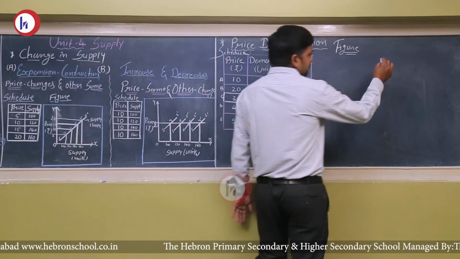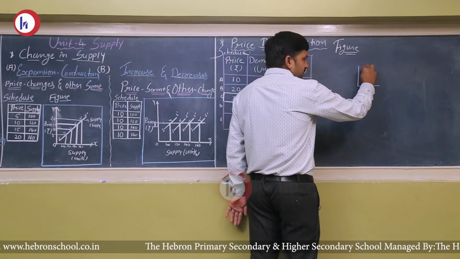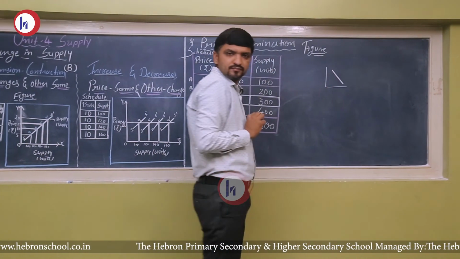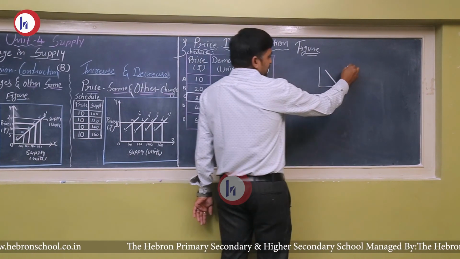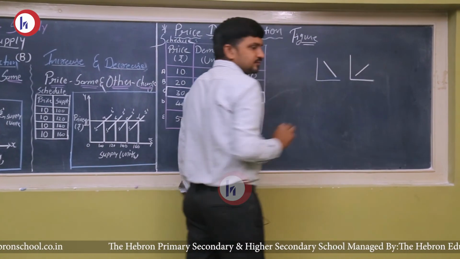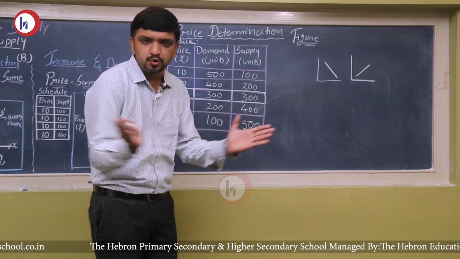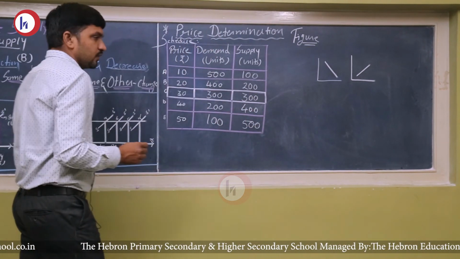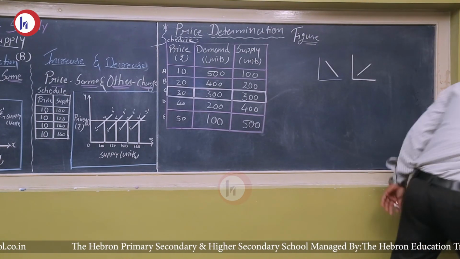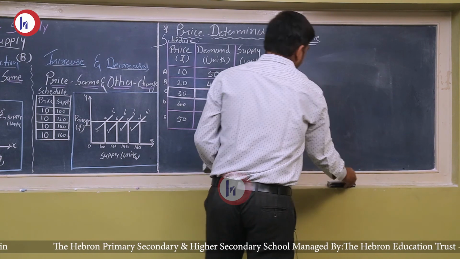If a demand curve is to be drawn, then the figure will be like this. If a supply curve is to be drawn, then the figure will be like this. Now we have to draw the figure combining these two market forces. So I can draw in this way.